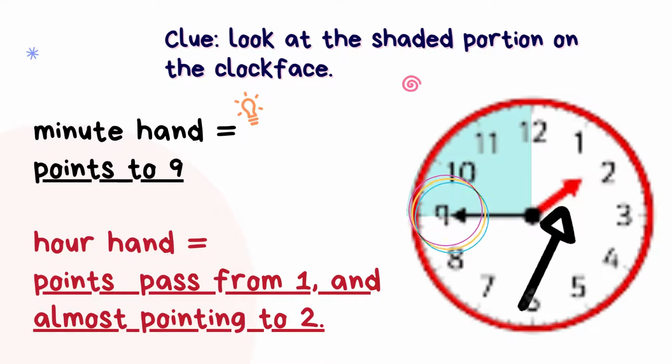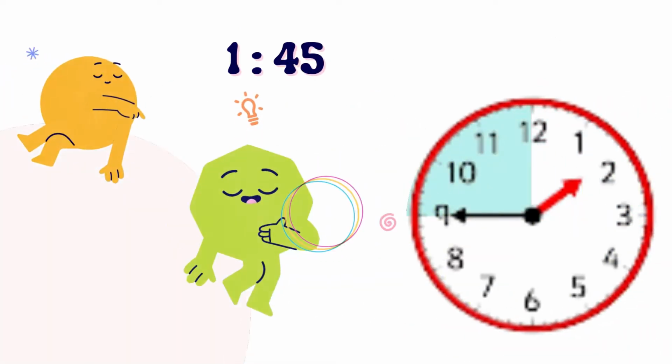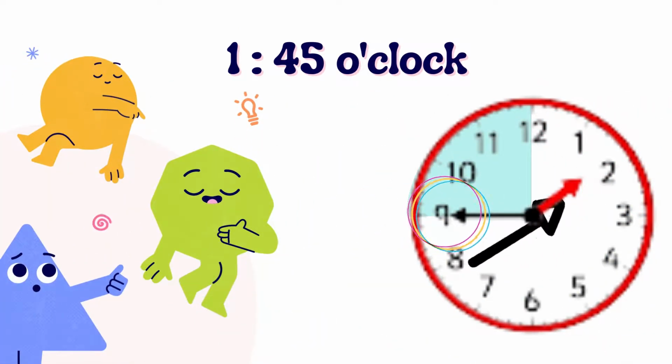So, the clue is you need to look at the shaded portion on the clock face. The shaded portion is showing a quarter.